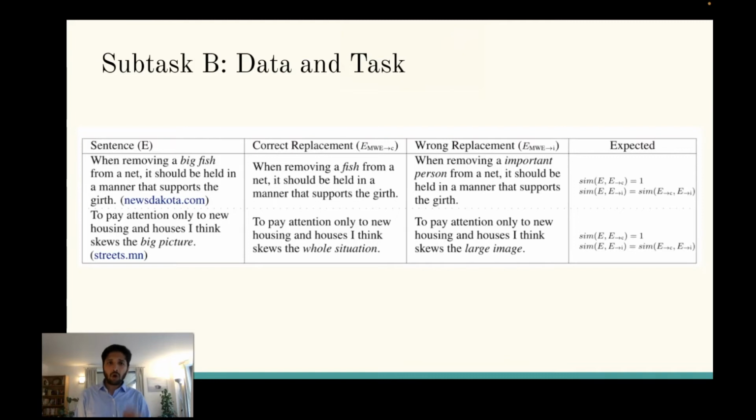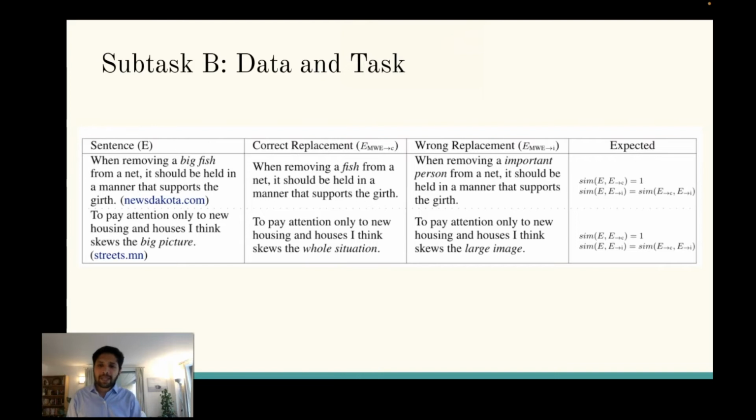Subtask B, the novel task based on semantic text similarity that I spoke of, requires models to output a semantic text similarity score between two sentences. Consider the second row here, where the multi-word expression big picture is being used in the idiomatic sense.